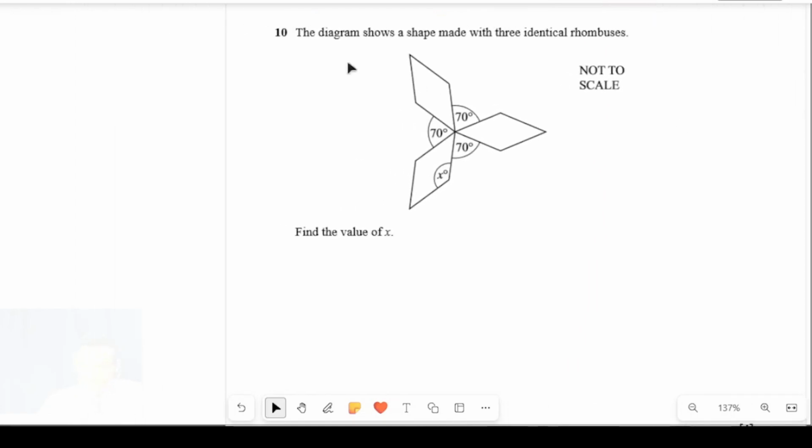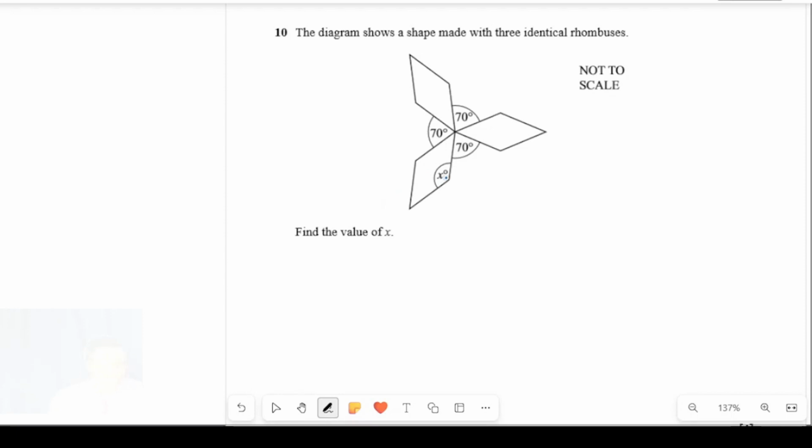Question 10. The diagram shows the shape made with 3 identical rhombuses. Now find the value of x. So we are interested in the value of x.